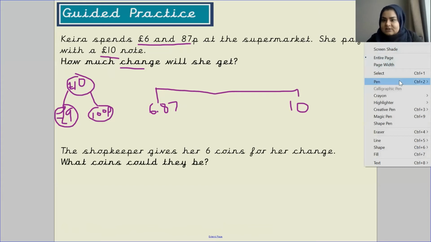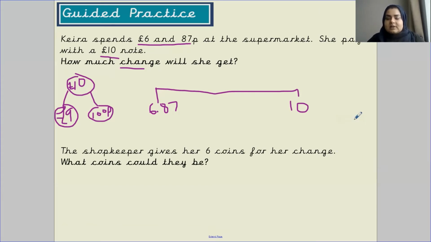Okay, fantastic. So I am going to show you the number line method first. I am going to round it up to my next full ten pennies, which is £6.90.